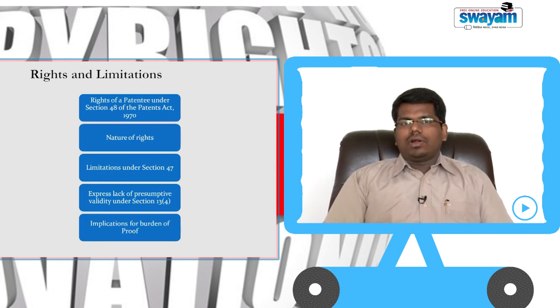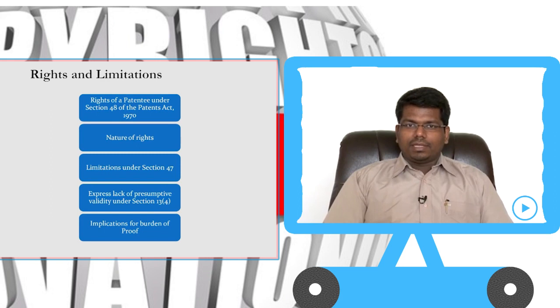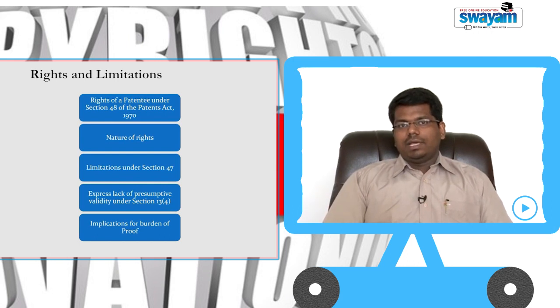Now, this is in stark contrast to other forms of intellectual property such as the Trademarks Act, where section 31 clearly states that a trademark that is registered shall be treated as prima facie valid, which means it is the defendant's burden to challenge the validity of the trademark that has been granted.